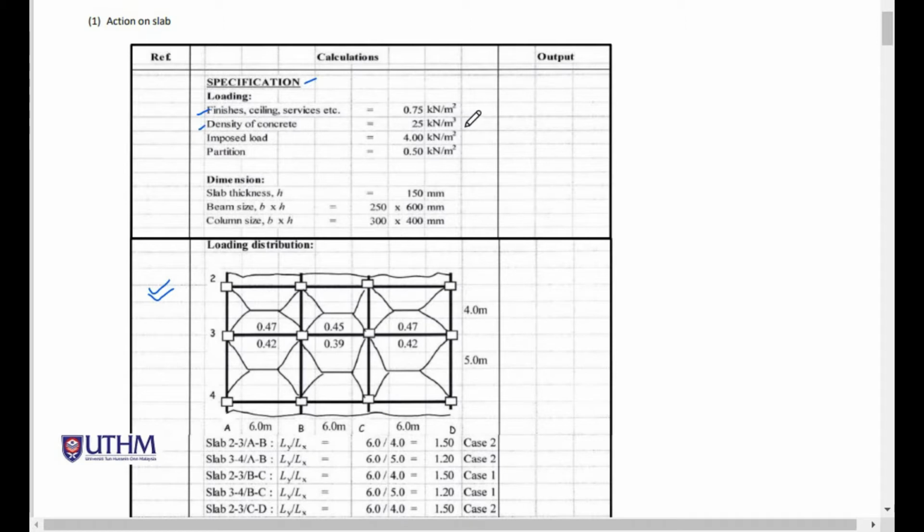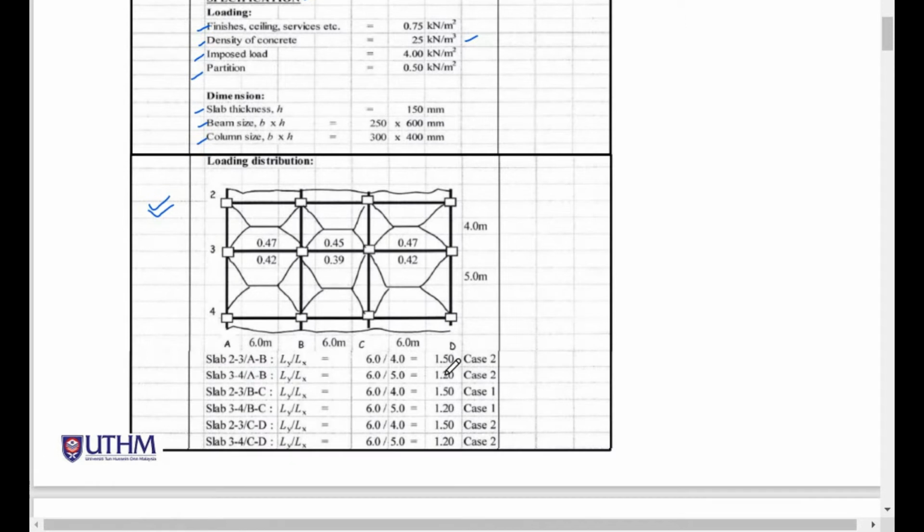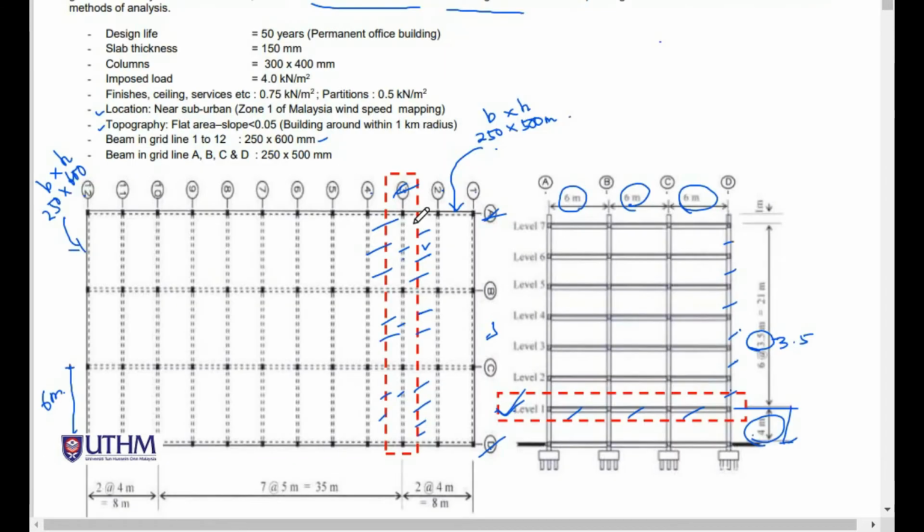We know that the value is 25 kilonewton per cubic meter, imposed load given is 4 kilonewton per meter square, and this is partition, and given the dimensions for slab, beam and column. So first you need to distribute slab loading to beam. The loading acting on this slab is distributed to this beam 3D.